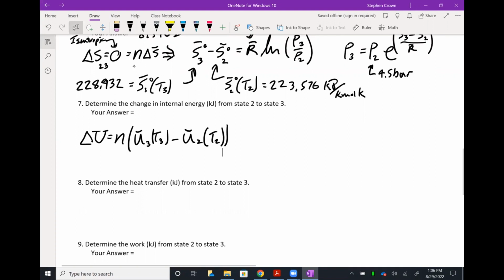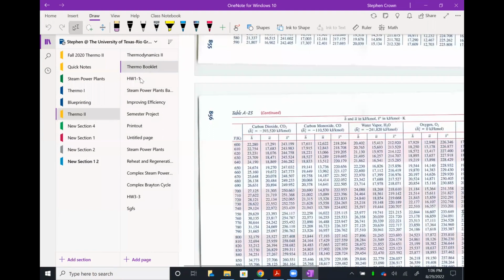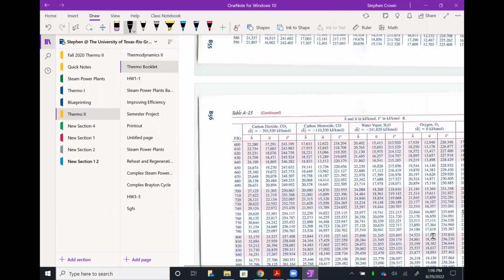So we simply go to the tables and look up those values for oxygen. At 650, we find that U is 14,140 kilojoule per kilomole. And then we look at 550, and for oxygen, U is 11,765.